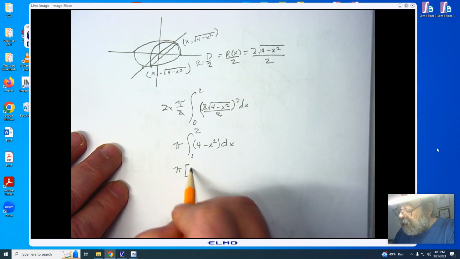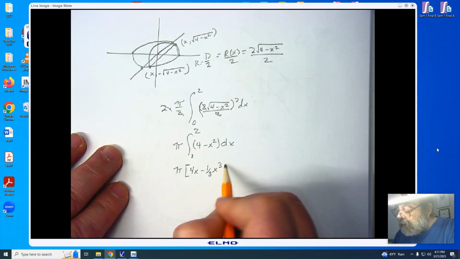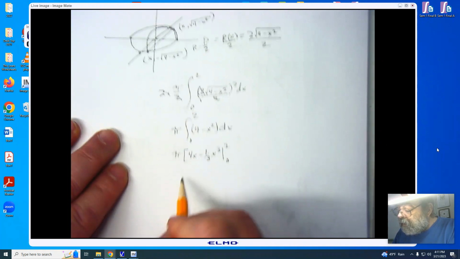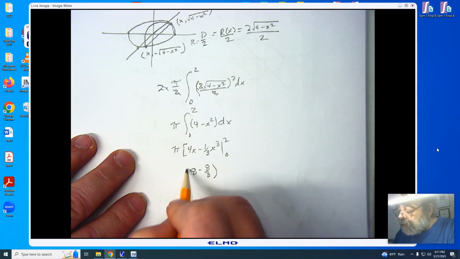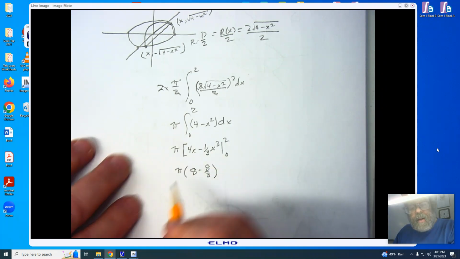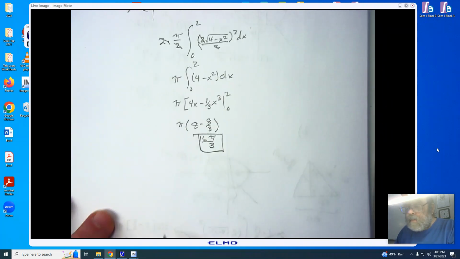Pi, 4x minus 1/3 x cubed from 0 to 2 gives me 8 minus 8 thirds multiplied by pi, and I'm ending up with 16 pi over 3 as my answer.